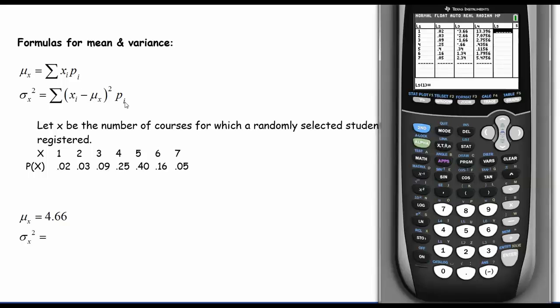The next part says to multiply it by its probability. Which list was the probability in? That'd be in list 2. So at this point I need list 4 times list 2. It gives me all of those little tiny numbers there.